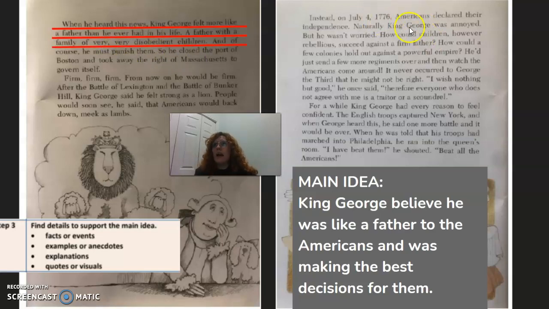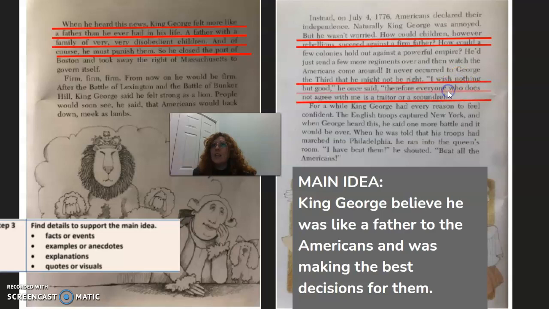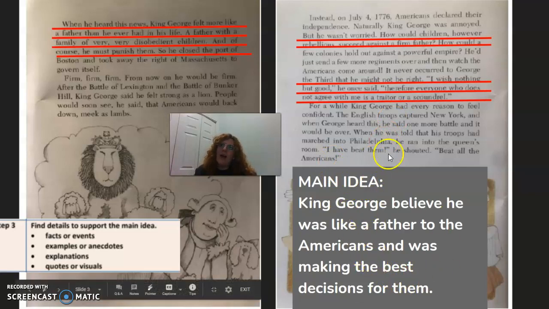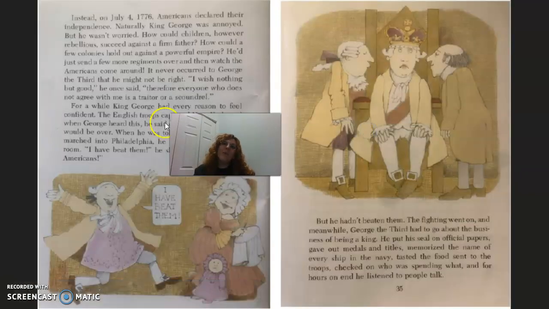And over here, I read, "How could the children, however rebellious, succeed against a firm father?" And here it says that he wishes nothing but good, and therefore whoever does not agree with him is a traitor or a scoundrel. All right, I think this supports my main idea. I can go to step 4.